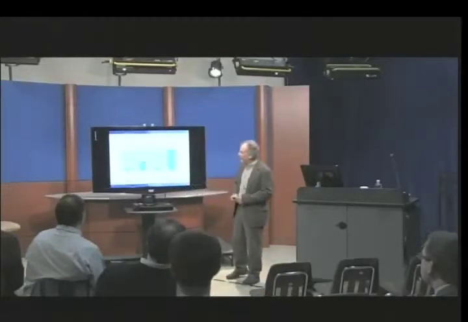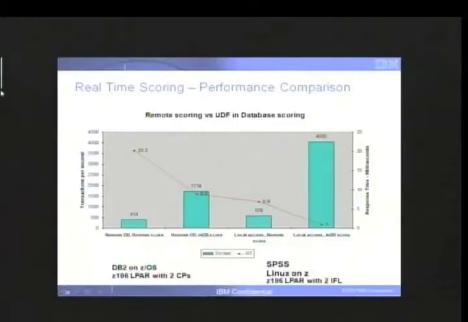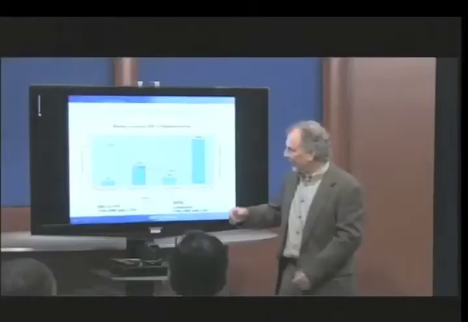So this is just some very early performance measurements. Basically, what we did is we compared the distributed score approach, SPSS scoring on zLinux, with doing the same thing in a user-defined function. We used a logistic regression algorithm, and we did a neural network algorithm.